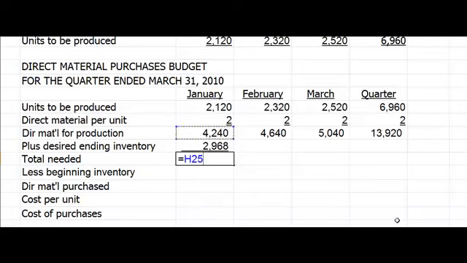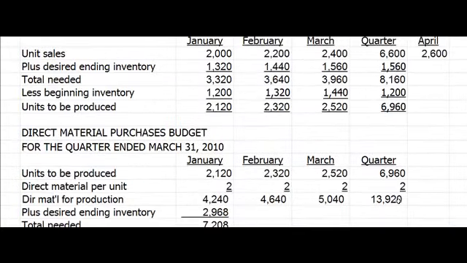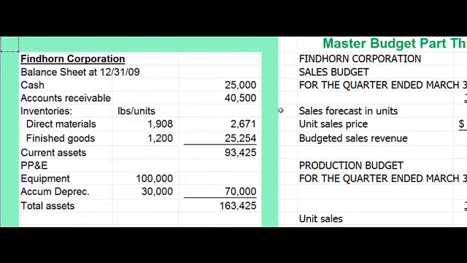So I'm going to add these two together. That's the total I need. However, I started January with some beginning inventory, and that beginning inventory is up in my balance sheet. If I go over to the balance sheet, you'll see that my direct materials beginning inventory was 1,908 pounds.